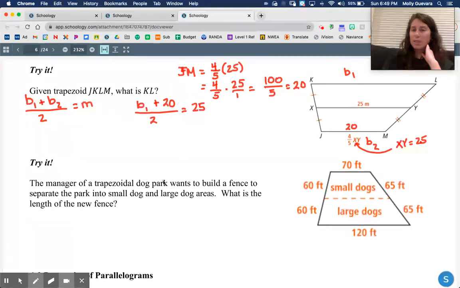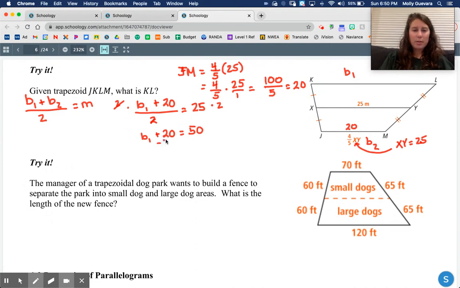And we're just going to solve for B1. There's really nothing I can do except multiply 2 to both sides here. And that gets rid of the fraction. These 2's cancel. So I get B1 plus 20 equals 25 times 2, which is 50.